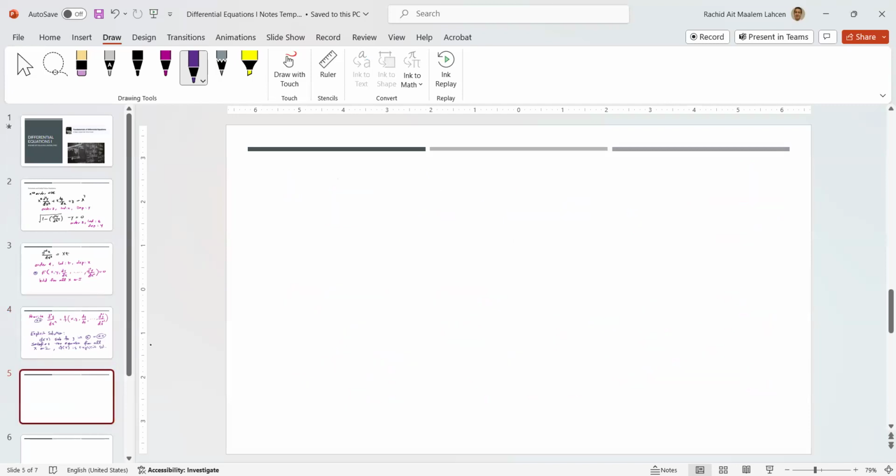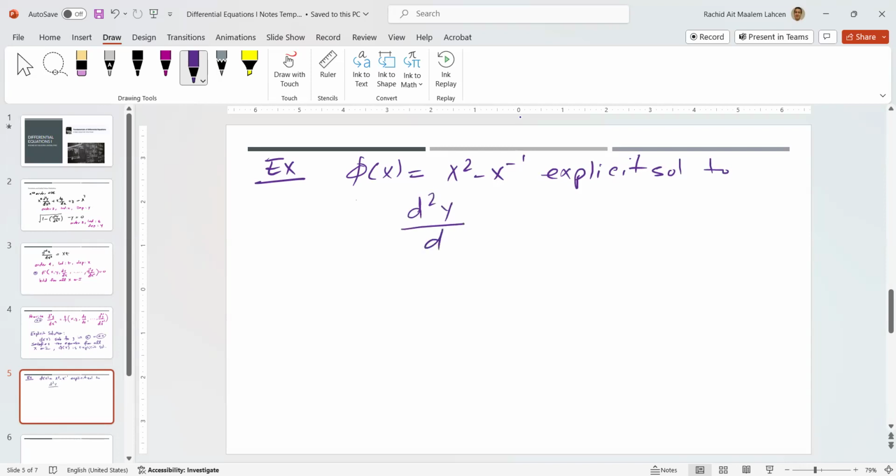So let's do some examples on this. Let's say that we have this function we want to try, and see if it is an explicit solution to this linear equation.